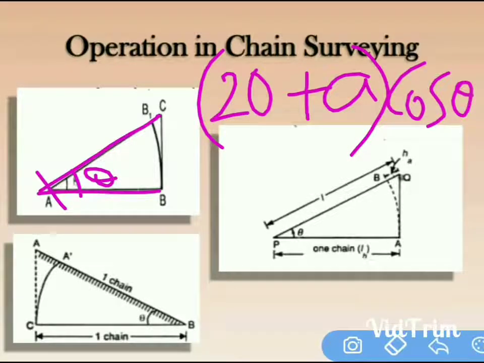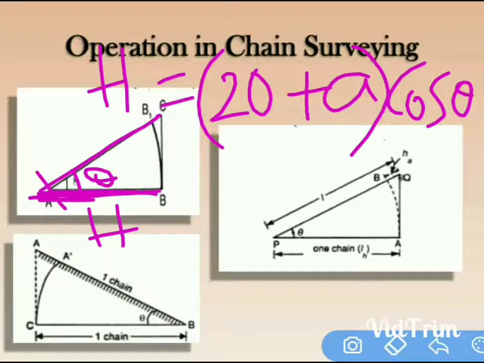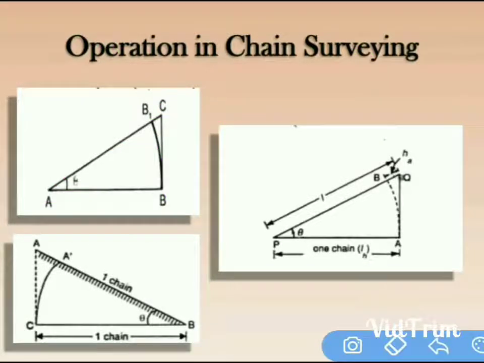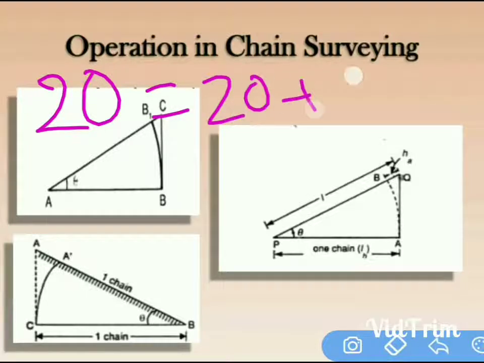Yes or no? So this value is the horizontal distance, and this value is definitely equal to this. So this will also become 20. I will write this step again. So here 20 is equal to 20 plus A cos theta.